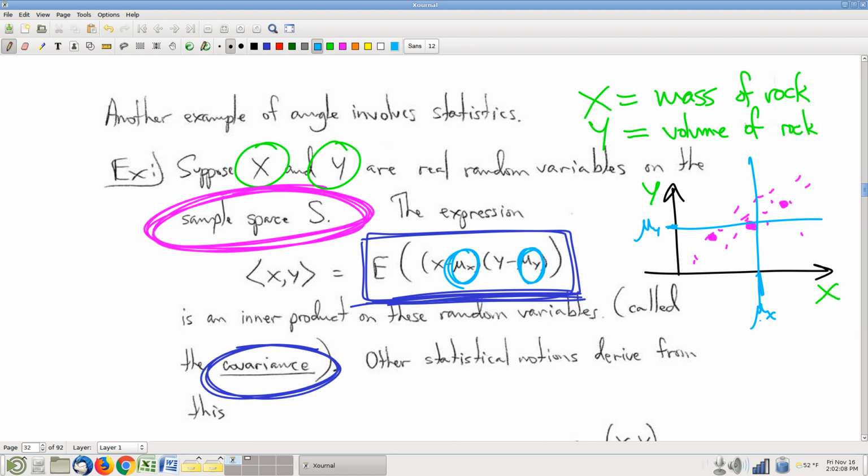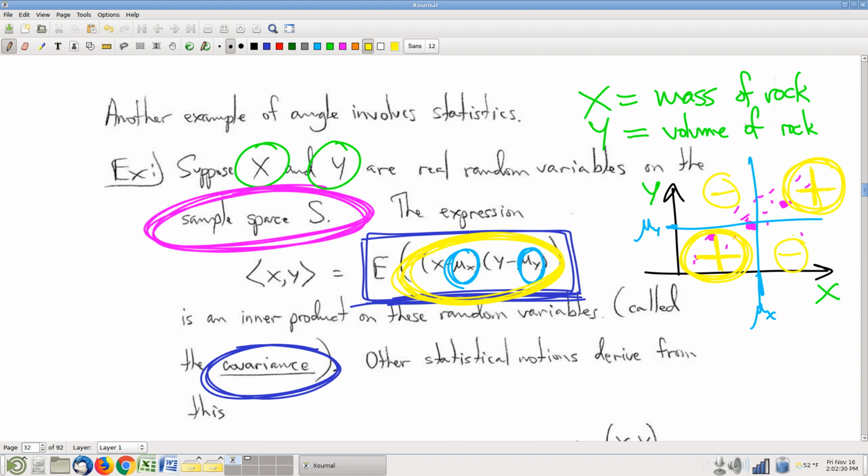Notice then that these things that we're averaging, x minus mu x and y minus mu y, all of those values are positive over here, and all those values are positive over here. Now, they're negative over there, and they're negative over here.